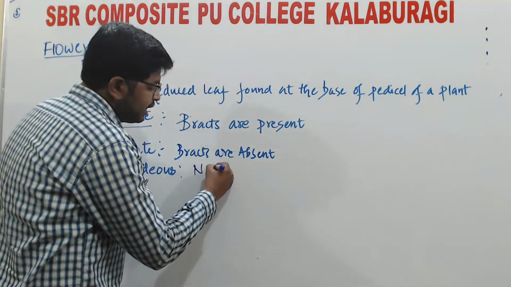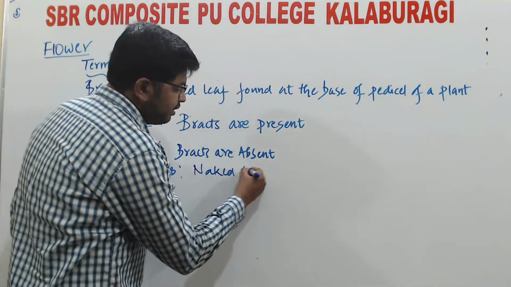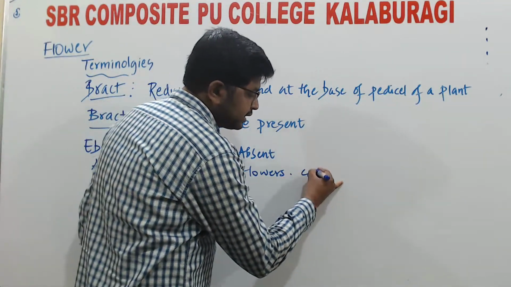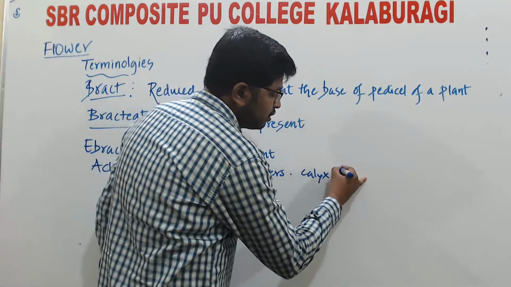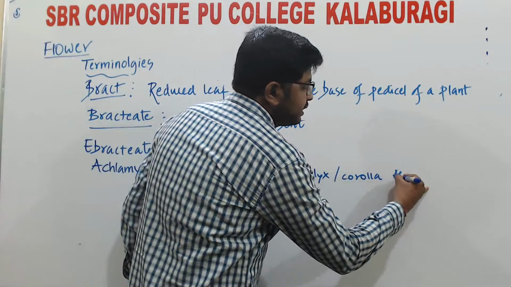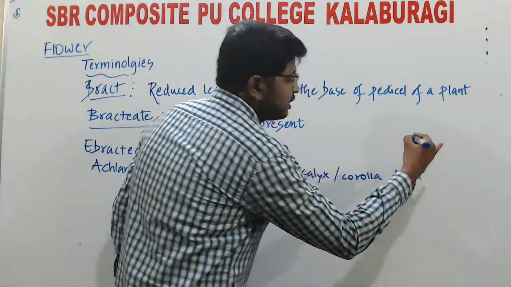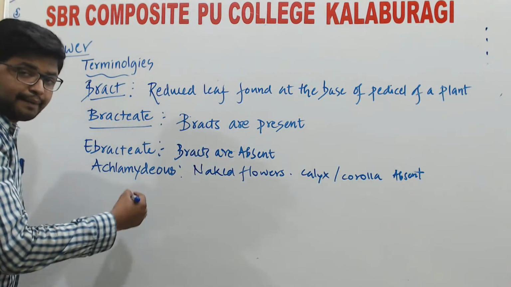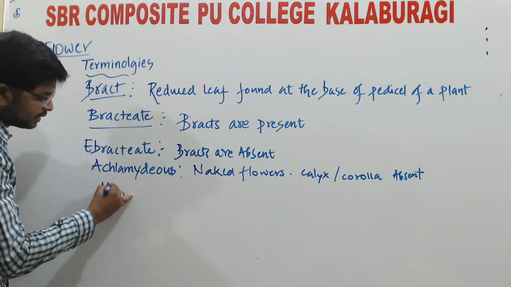Meaning what? They are the naked flowers, which have neither calyx nor corolla. They are absent. We call them achlamydeous flowers.